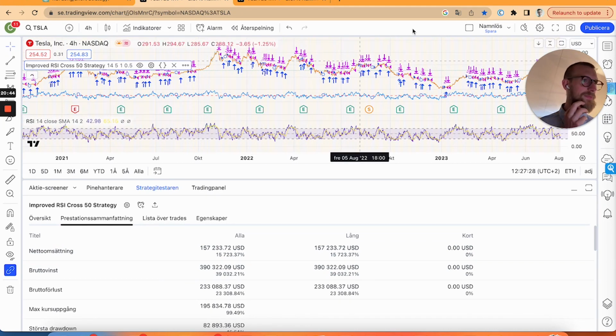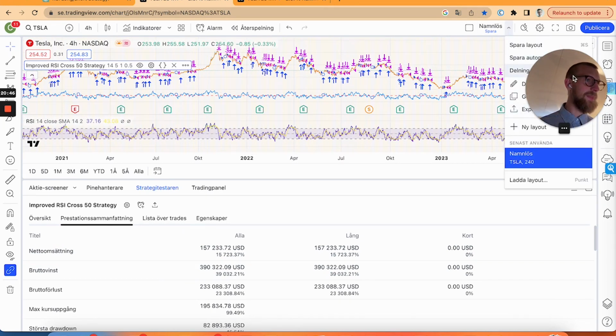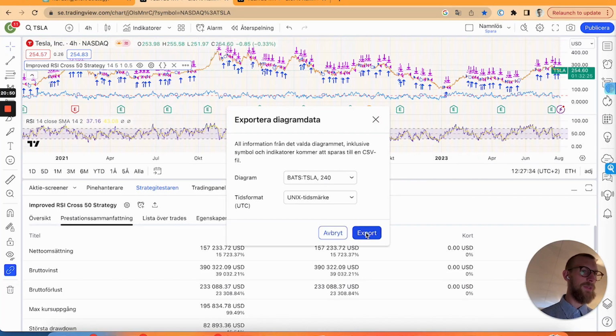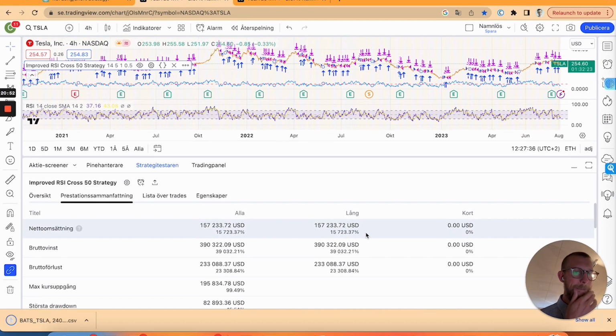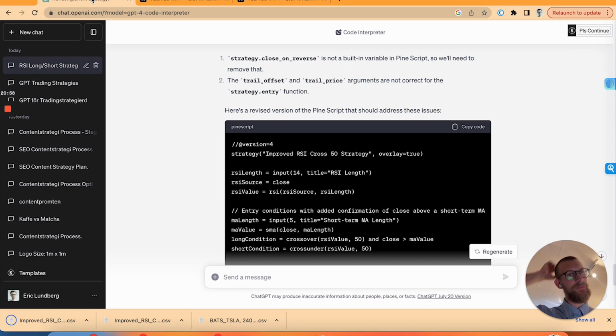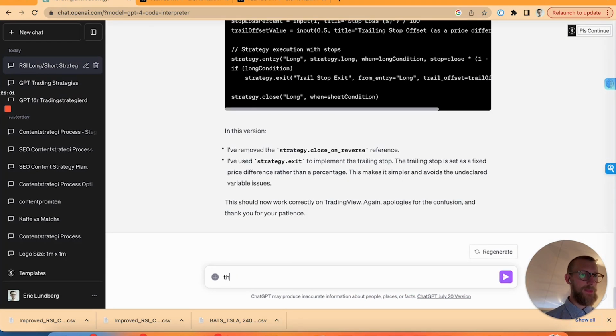Right, but this means that we now can export these results, and export those and the list of trades. I will now show you the results.